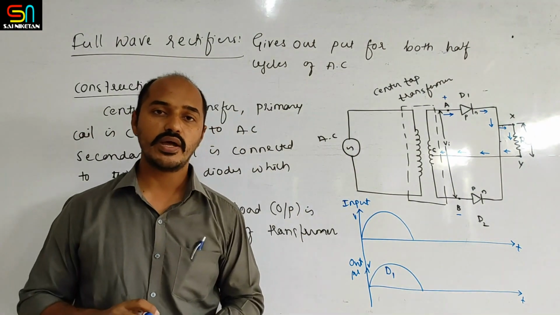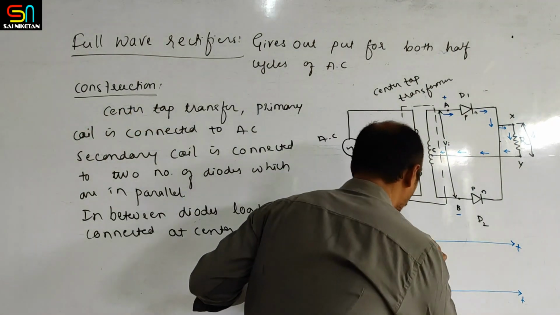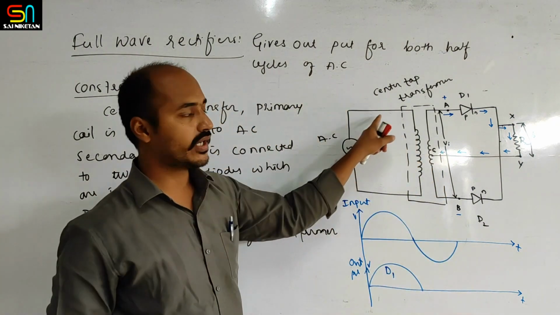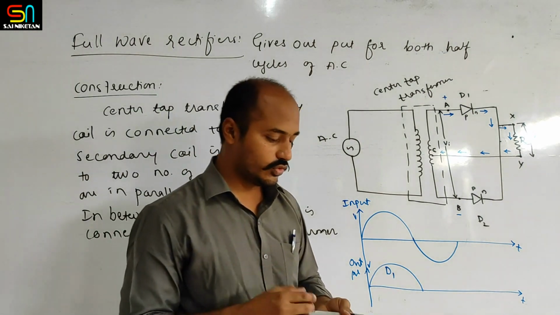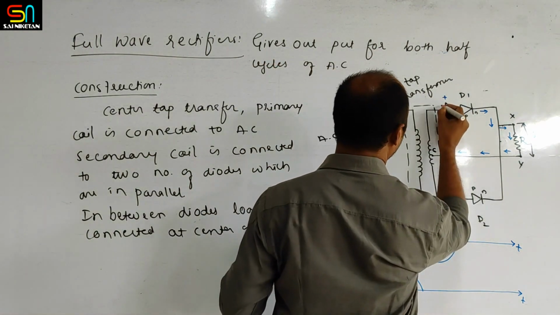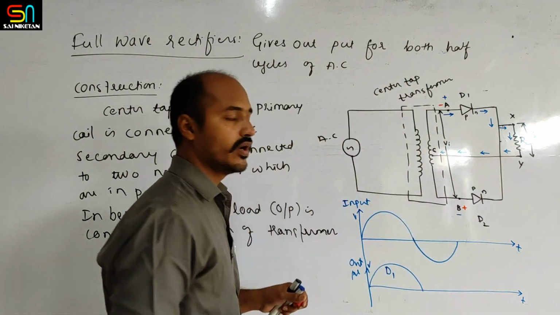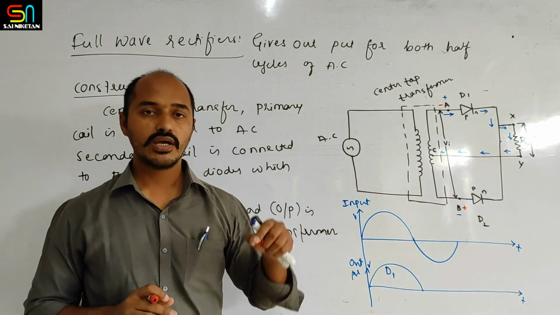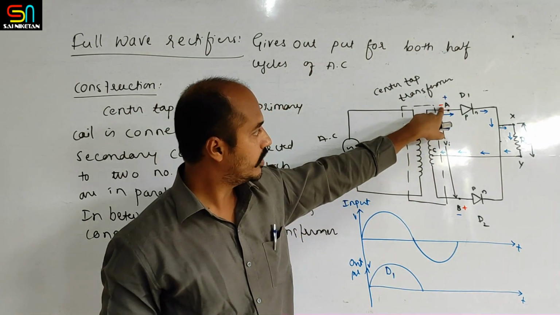So what happens when the negative cycle starts flowing through the primary coil? Now during the negative cycle, point A becomes negative and point B becomes positive. So for diode D1, P is connected to negative.